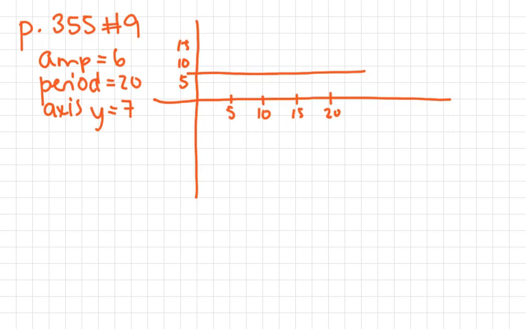Now, I have to go 6 units up from the axis and 6 units down. So I'm going to start at 1, which is 6 units below the axis, and then I'm going to end at 1 as well, because then that's when my cycle would be repeating, right? Halfway between those points, I'll hit the max, which would be 6 units above 7, which is 13.